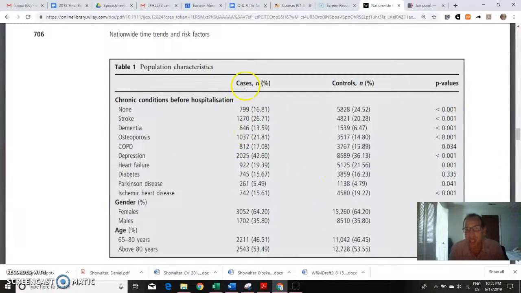These are the cases. For each case, they took the gender, the age, the time they were admitted, and found 5 controls who matched as closely as possible to the person who had fallen and experienced a major injury in the hospital.